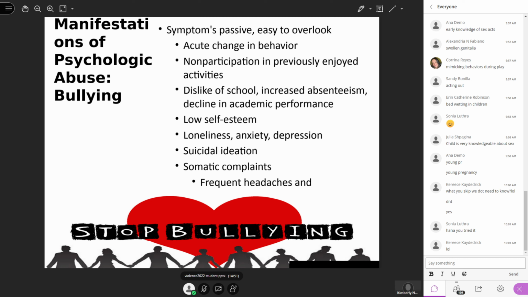Especially now we are seeing that children are being bullied in school at younger ages, right? We're seeing low self-esteem, a lot of anxiety, and depression, and we've talked about anxiety and depression in the past having a correlation to suicidal ideation.